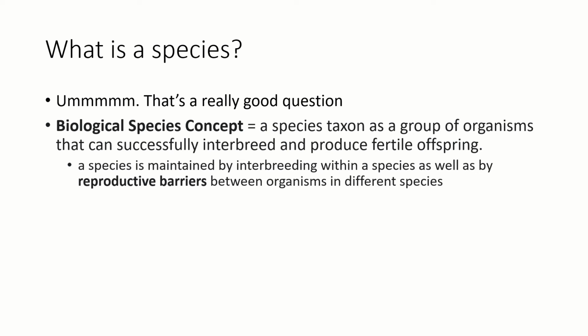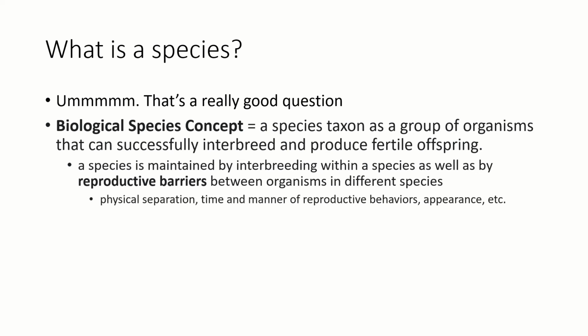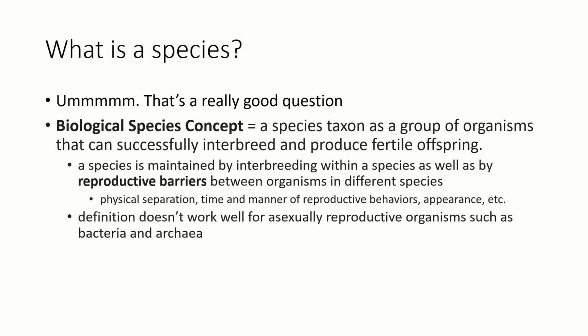So it applies to groups of organisms. And also, it does not take into account asexually reproducing organisms. There are lots of different ways that we could separate different species, including physical separation. If you think about bacteria, that could mean that bacteria in two different petri dishes were separate species because they can't touch each other.